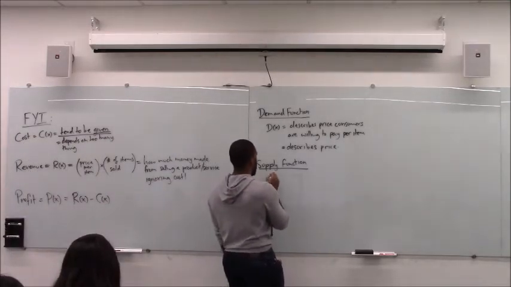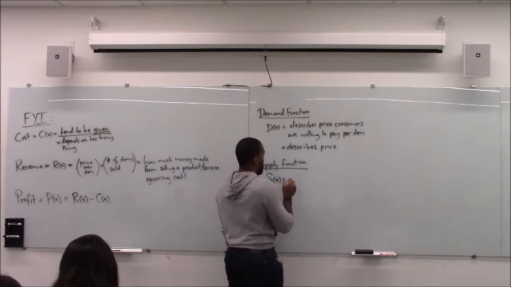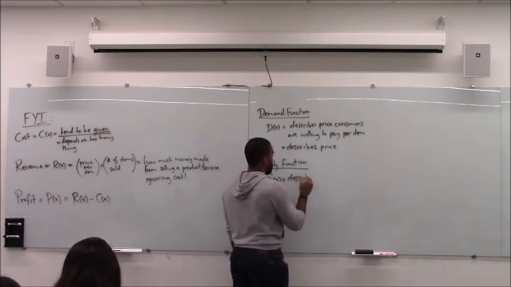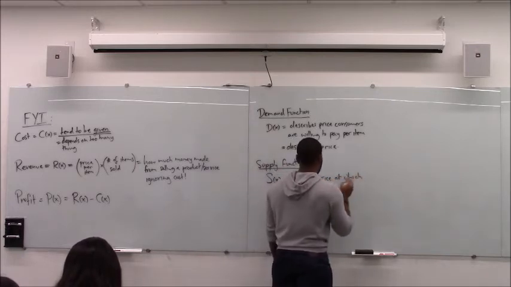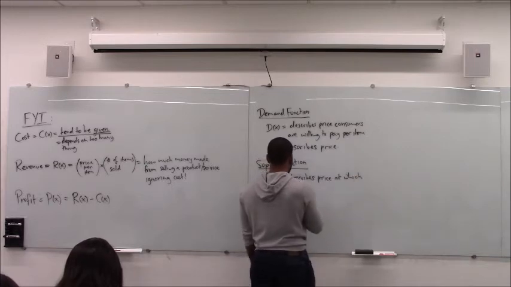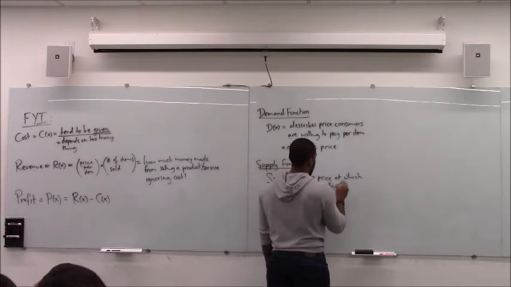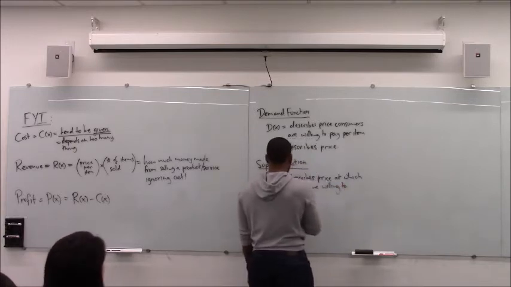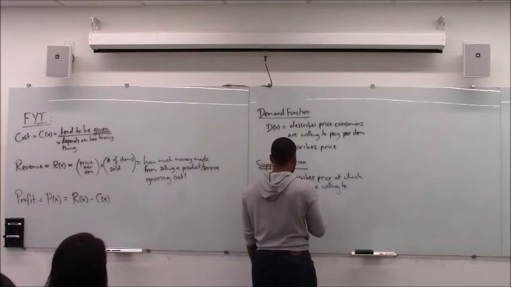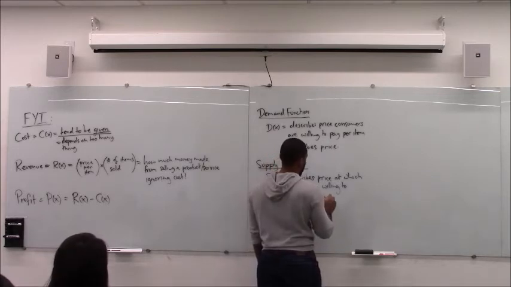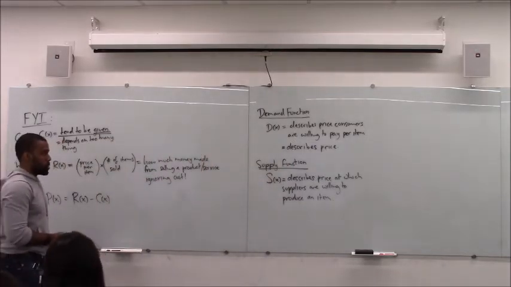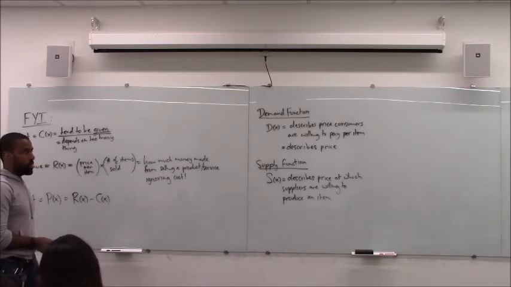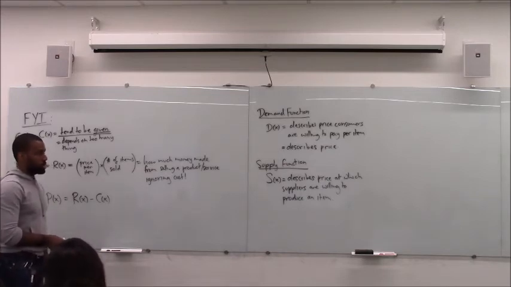There's a supply function, often called S of X. This also describes the price at which suppliers are willing to produce an item. This is usually described in terms of price versus the number of items that could be sold at that price.